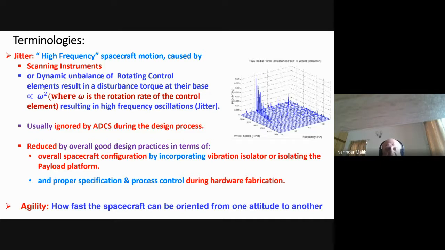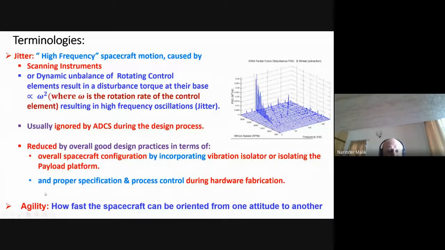If the input is at 3,000 RPM, the effect will be 4 times less. Now these input disturbances are reduced by overall good design practices in terms of overall spacecraft configuration, by incorporating vibration isolators or isolating the payload platform, or by proper specification and process control during the momentum wheel or reaction wheel fabrication.